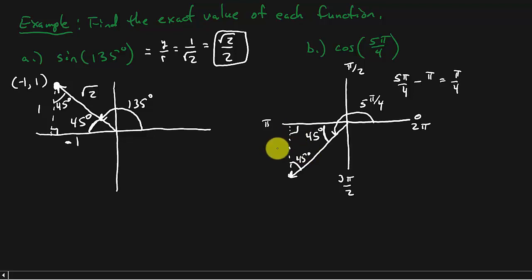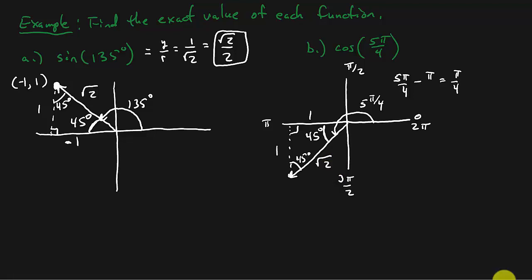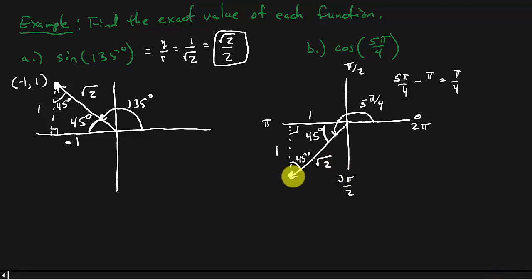And so I can label this 1, 1, square root of 2. Okay? But let's look at it again. This point here, I'm going to the left 1, so that's negative 1. I'm going down 1, and so that would be the point negative 1, negative 1.